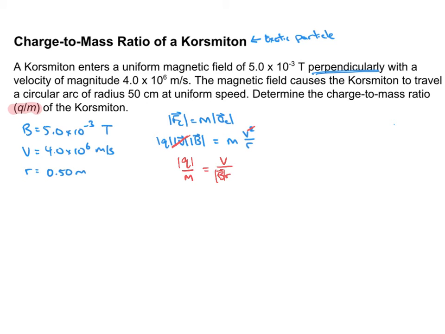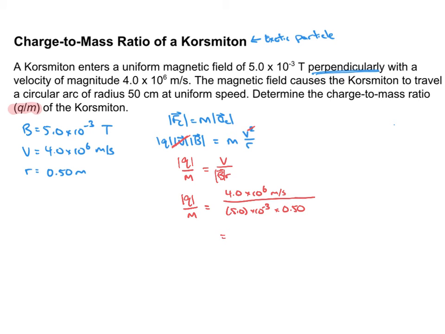You divide both sides by B. That'll give me an isolated equation for Q over M. So I'll fill in the values. And let's see what that equals.